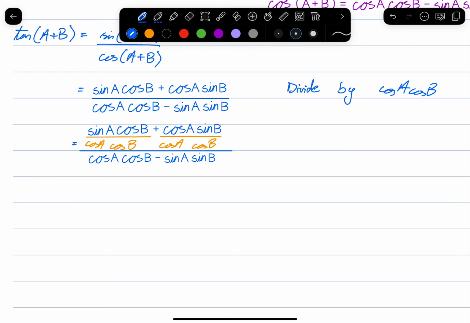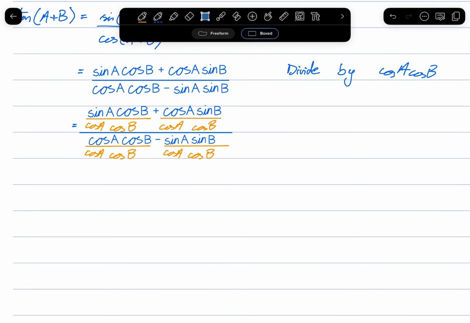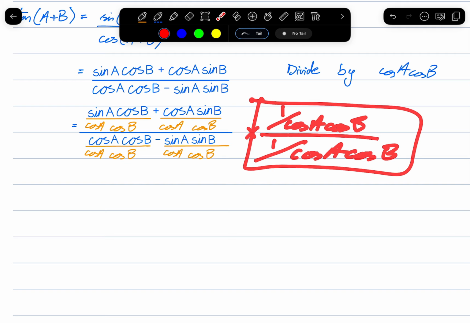So cos A, cos B is going to be divided by cos A, cos B. And this one is also going to be divided by cos A, cos B. Now, you might be thinking this would change the value, but effectively what you are doing is multiplying by 1 over cos A, cos B in the numerator, all over 1 over cos A, cos B. So you're multiplying by 1 in this instance.